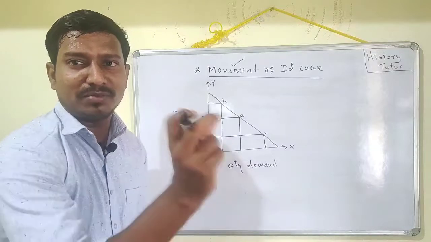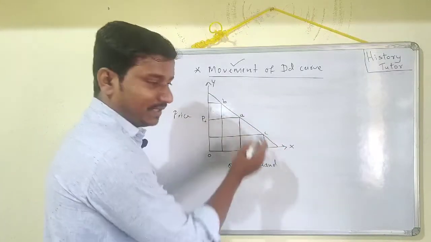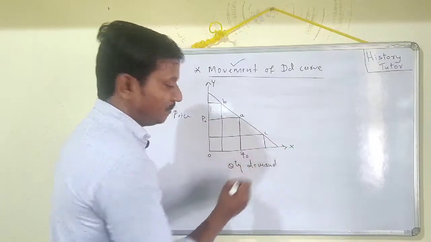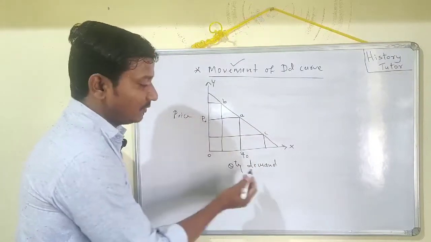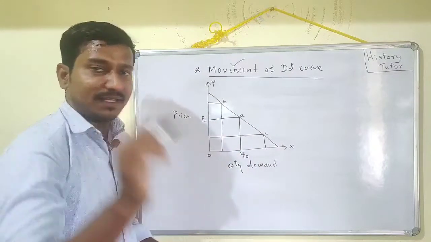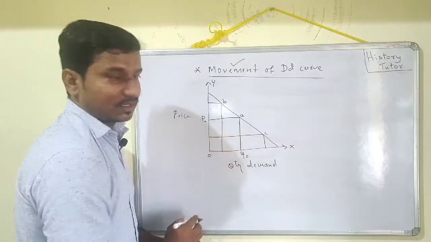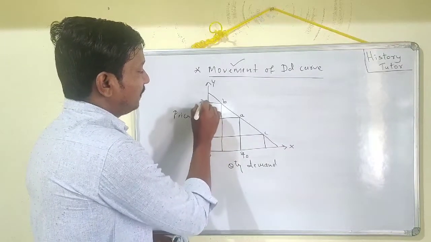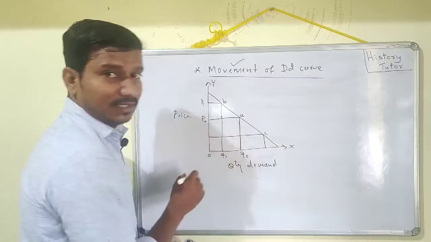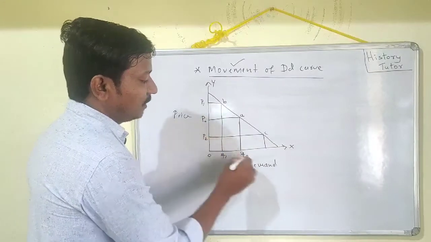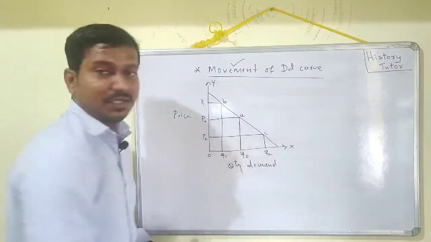We are going to assume one price as basic, and at the basic price level the quantity will be basic, that is the basic quantity. As the price is something, what may be the quantity at that time, that is what we assume as Q0. If the price increases to P1, obviously quantity decreases to Q1, and if the price decreases to P2, the quantity increases to Q2.